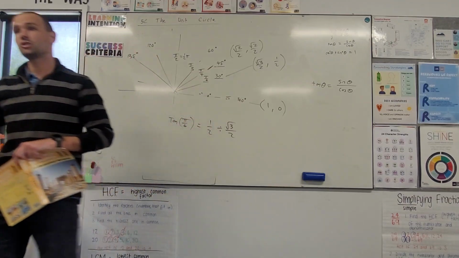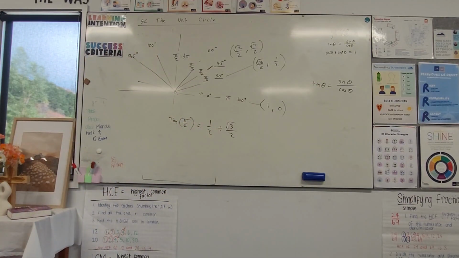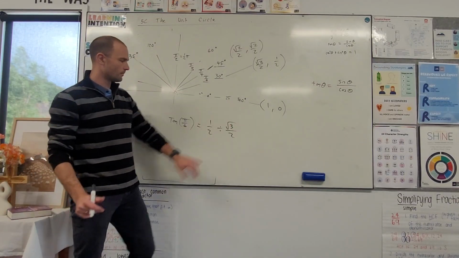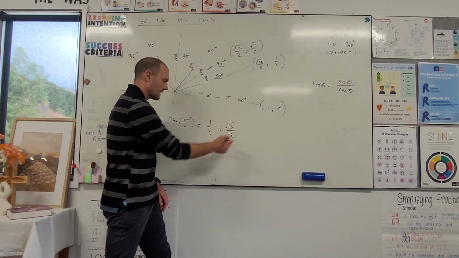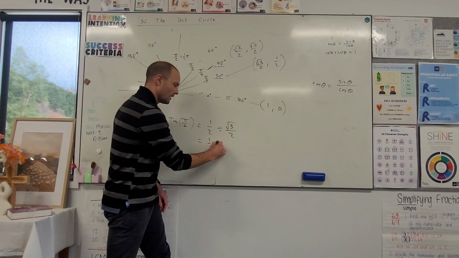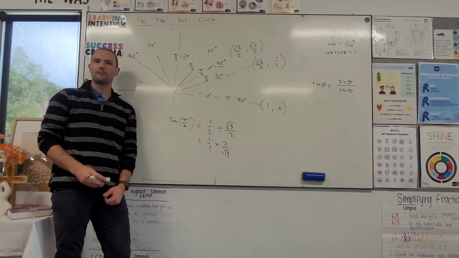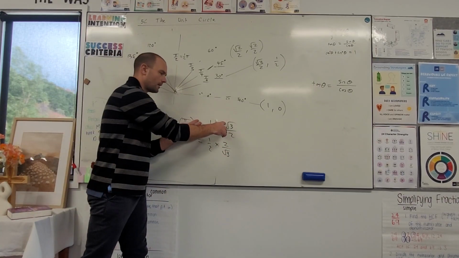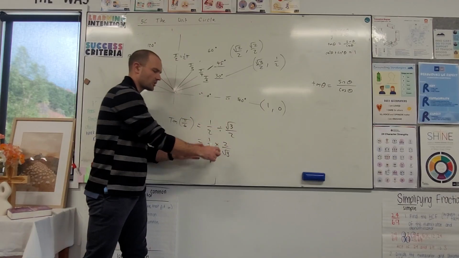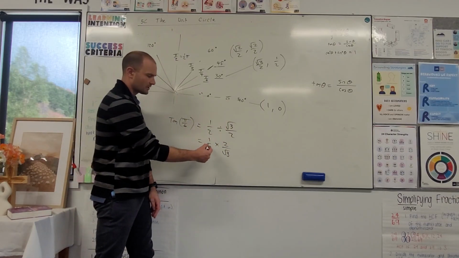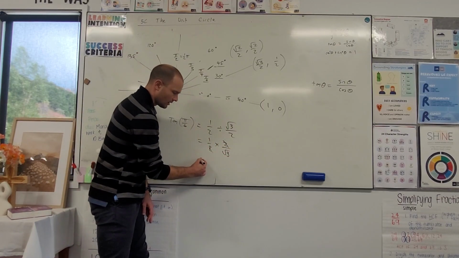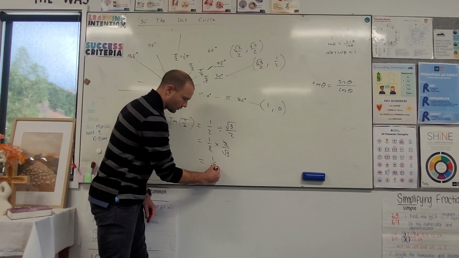However, I'll refresh you on how we would divide fractions. When you have to divide one fraction by another, you flip the second fraction and you multiply it. Whenever we're dividing one fraction by another, the second one flips and we change to multiply. We can see we have 2 at the top, 2 at the bottom will cancel, and we're left with 1 on top of root 3.